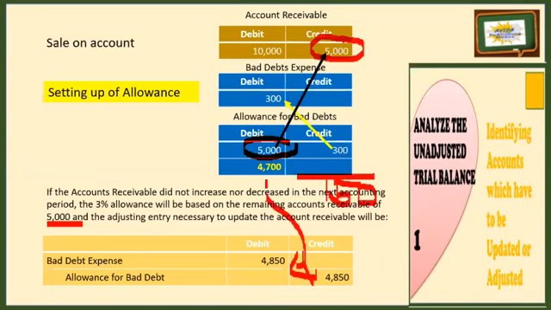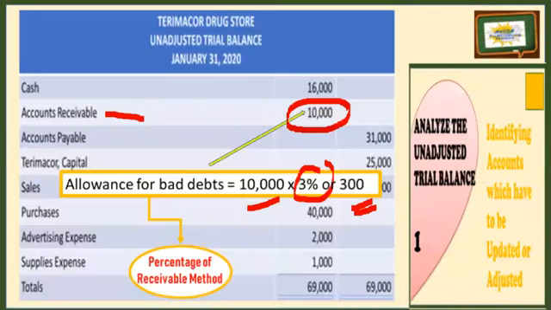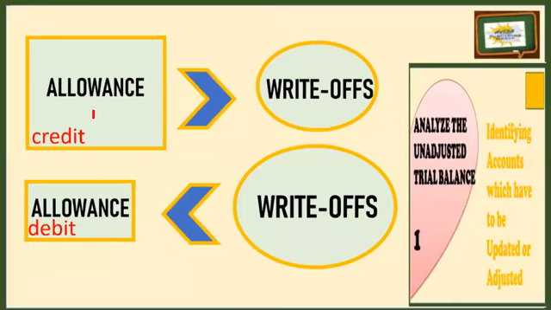But in this example, where there was a write-off of 5,000, the balance becomes a debit. So that's the meaning of this illustration. When the allowance is greater than write-offs, the normal balance of the allowance is credit. When the allowance is lesser than write-offs, the balance of allowance is debit.